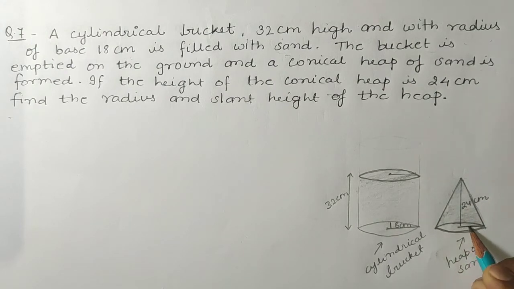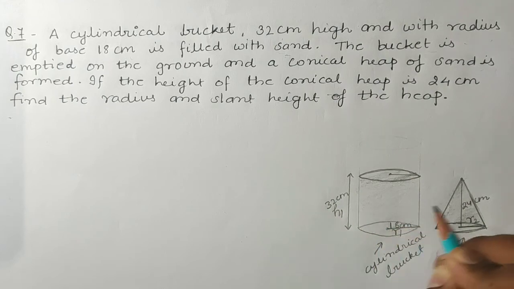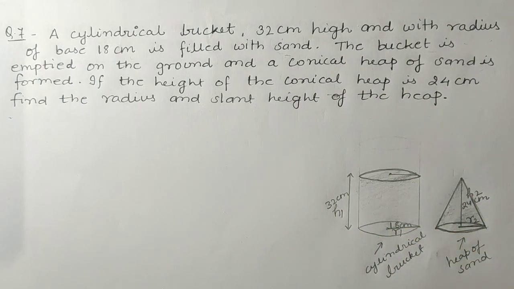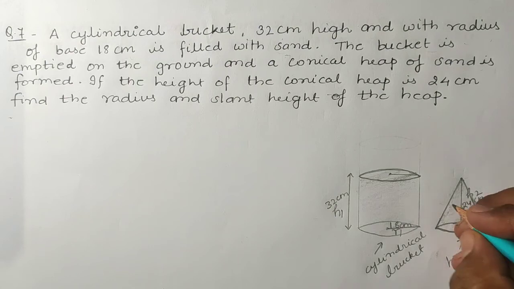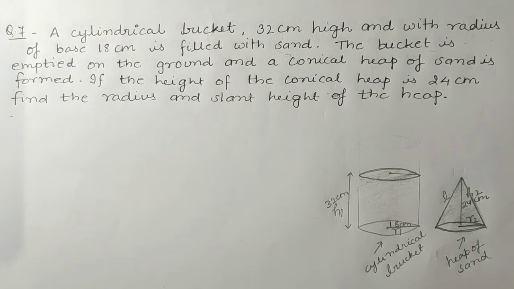Suppose this is R2, this is R1, this is H1 and this is H2. All the measurements are given except R2, which we have to find out. And we also have to find L, the slant height. Let us see what we will do here.